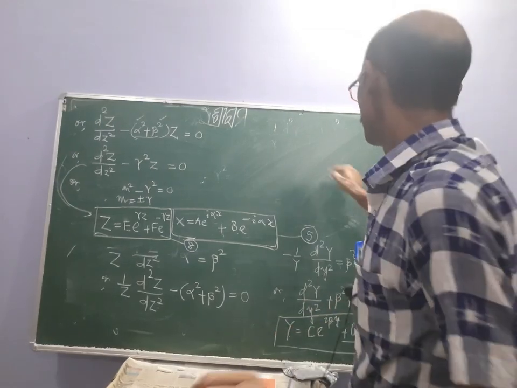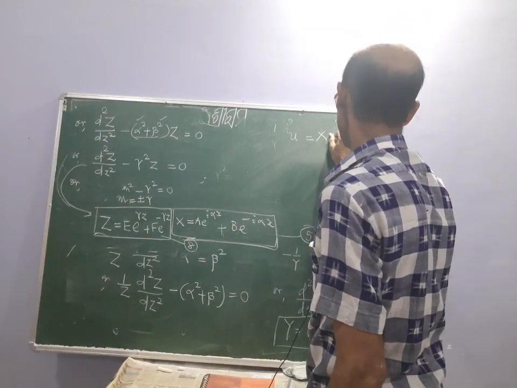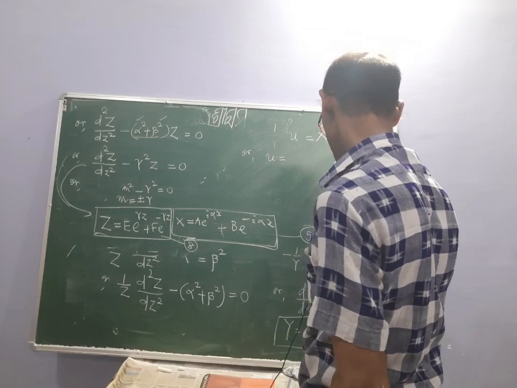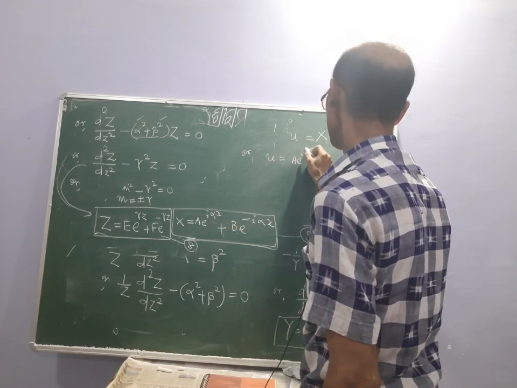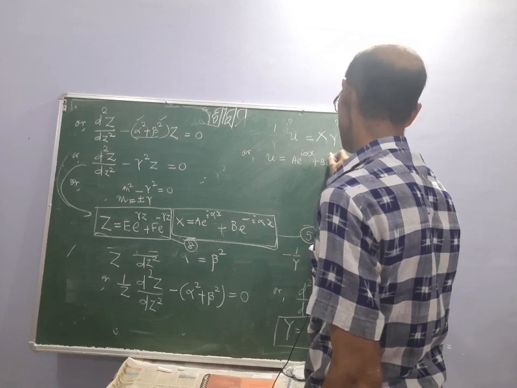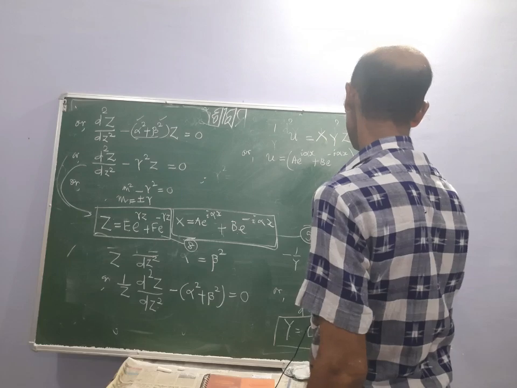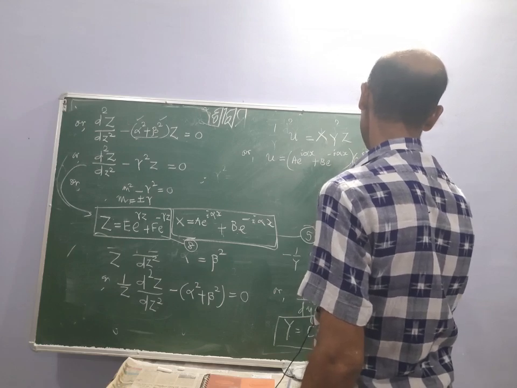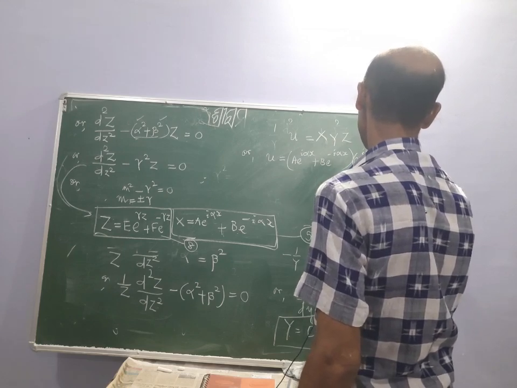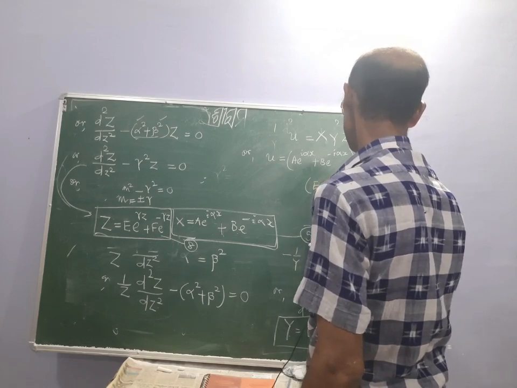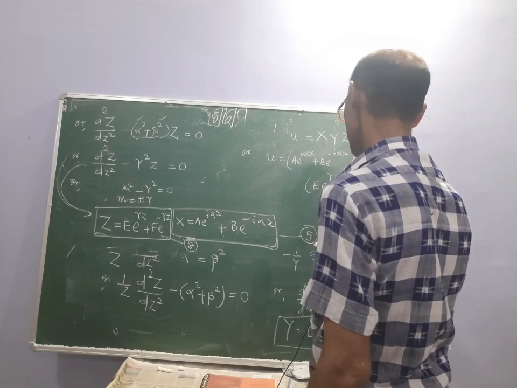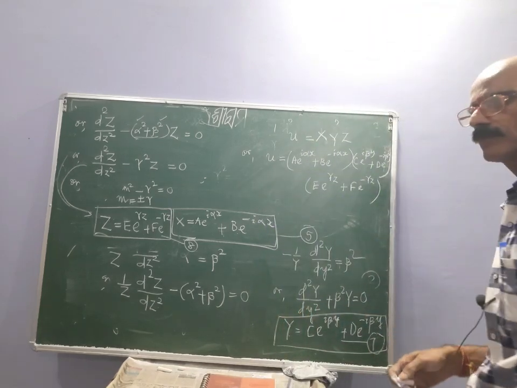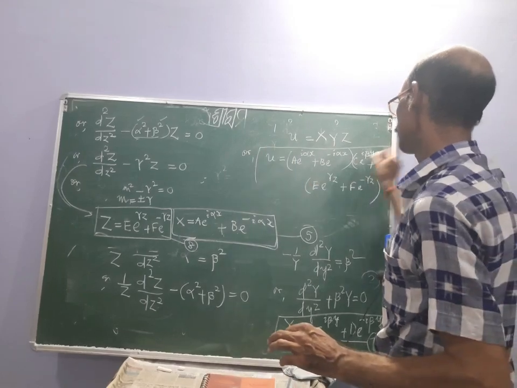Equation 2 is u is equal to the product of X, Y, Z. So we obtain the ultimate solution as u is equal to a exponential i alpha x plus b exponential minus i alpha x, into c exponential i beta y plus d exponential minus i beta y, into e exponential gamma z plus f exponential minus gamma z. So this is the final solution.